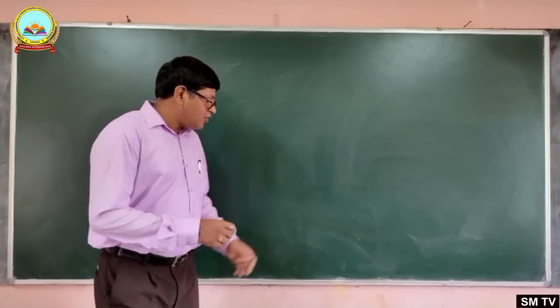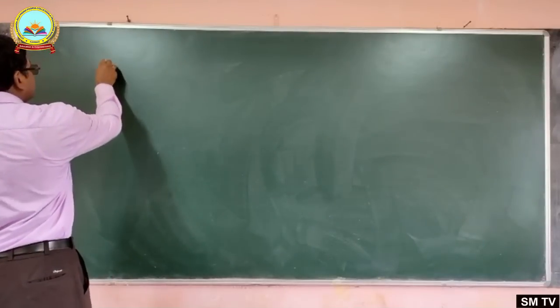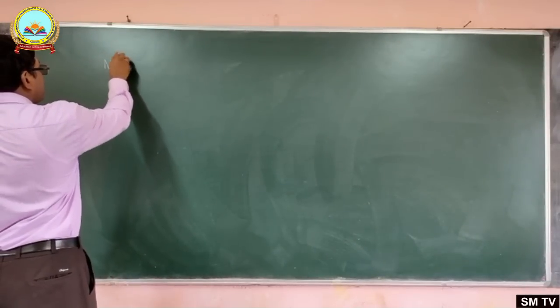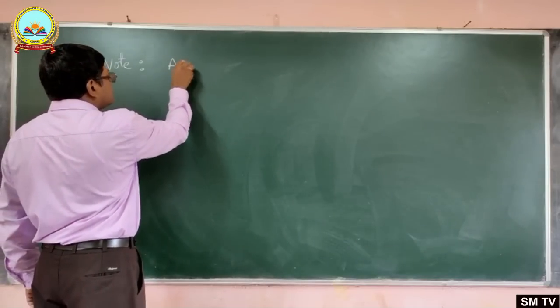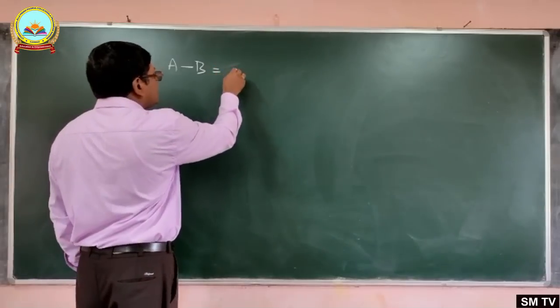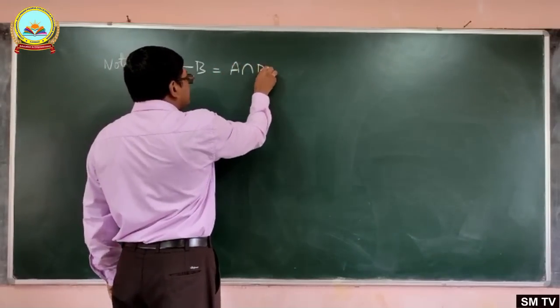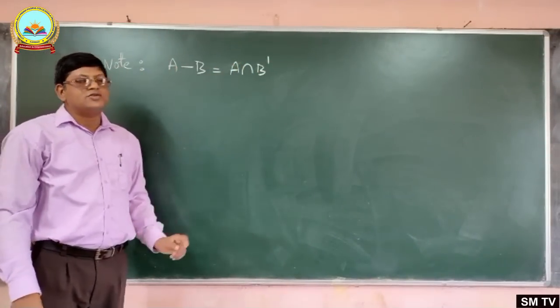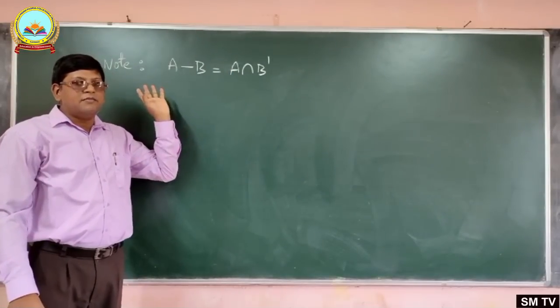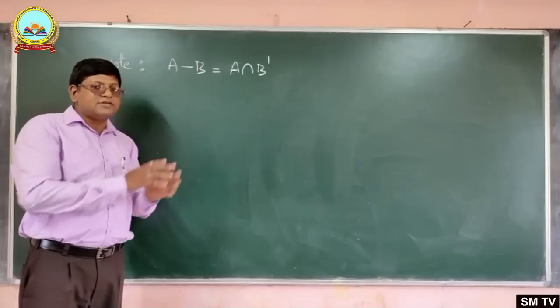Before that, you just make a note of this. Note: A minus B is equal to A intersection B dash. For any two sets A and B, A minus B is equal to A intersection B dash. I'm not going to prove this result.